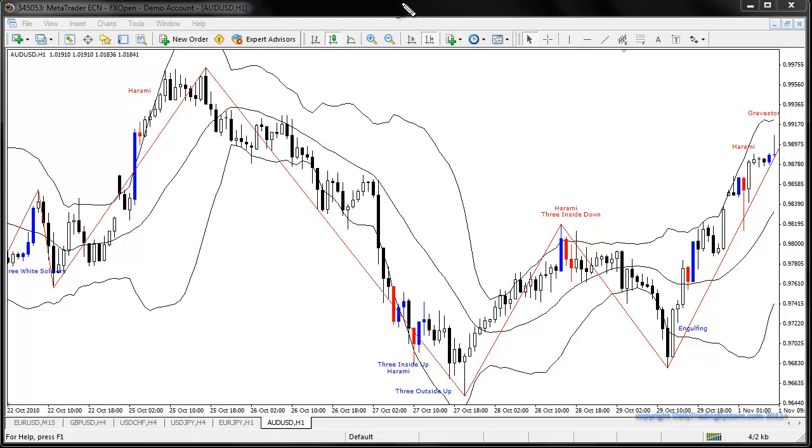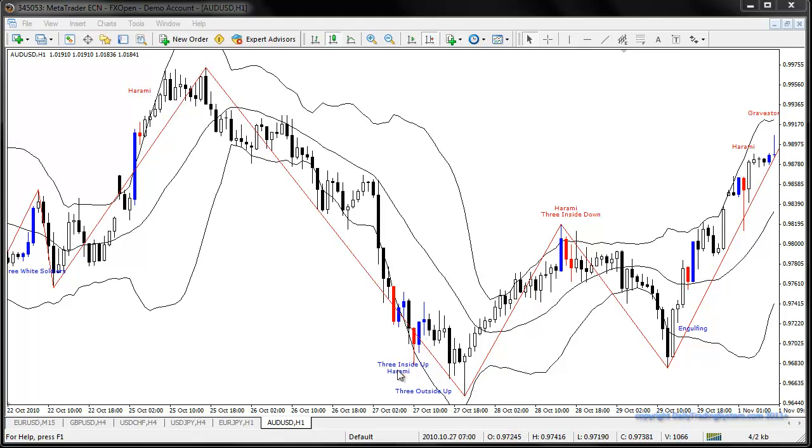Alright, so here we can see the 3 inside up, which is comprising of these 3 candles here, the red and the 2 blues. Because this black candle ruined the confirmation, we can then go short on the next bar. Then we've got this bullish Harami, which is this one here. It basically engulfs it.